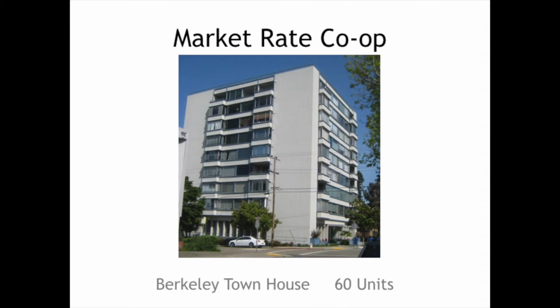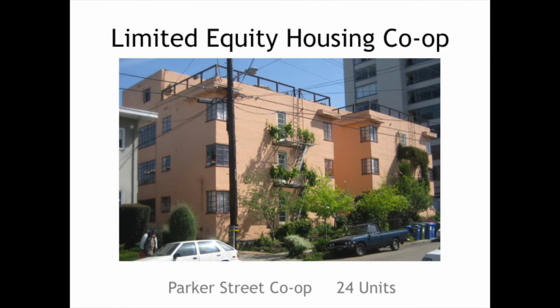I'm going to next focus on, we missed these. I was just quickly talking about this market rate co-op in Berkeley. It's Berkeley Cano, 60 units. The next one is right next door, Park Street Co-op, a limited equity co-op.